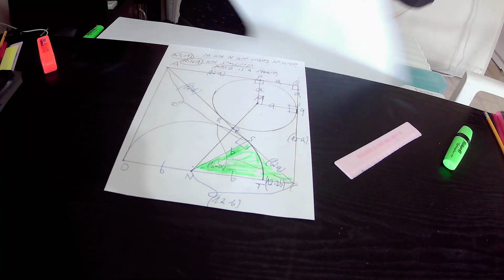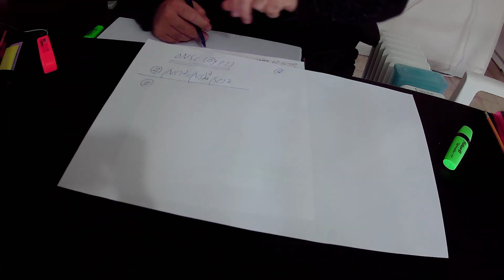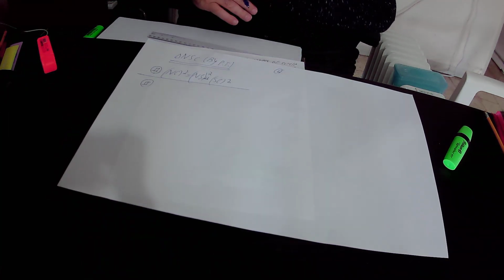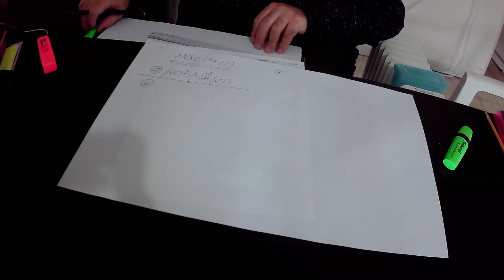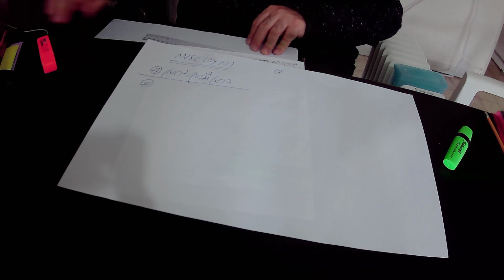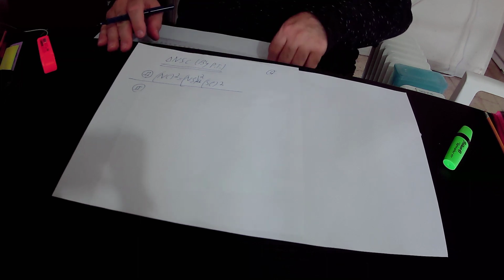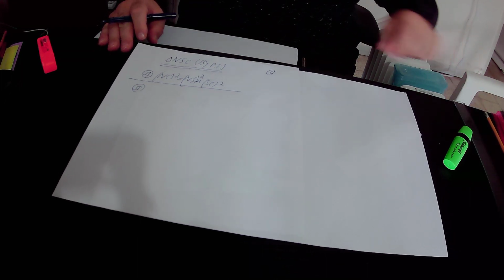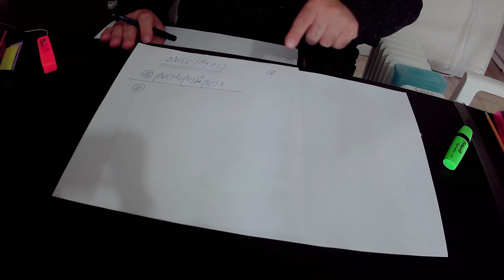I repeat again. In the right green triangle NSC, according to the Pythagoras theorem, the square of the hypotenuse equals the sum of the squares of the perpendiculars. That is to say, NC squared equals NS squared plus SC squared.